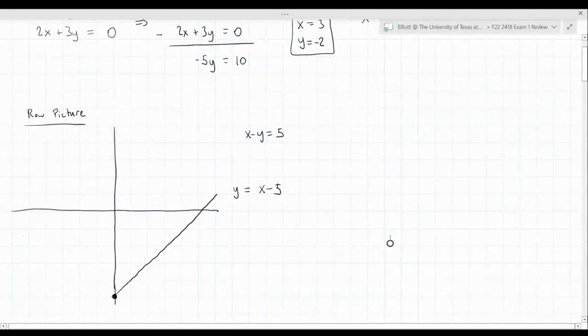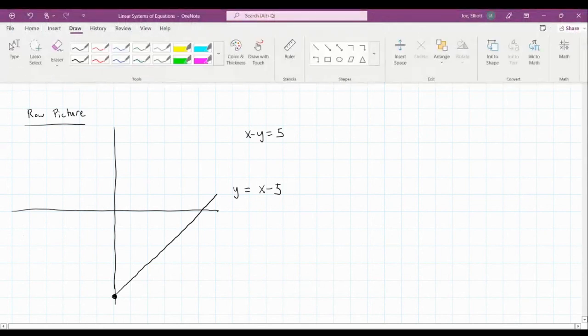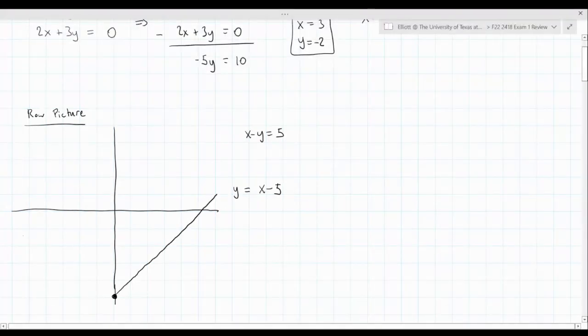Next, I also want to graph the line 2x plus 3y is 0. Okay, so that's the same as y is -2/3 x. So the y-intercept is 0, and the slope is -2/3.